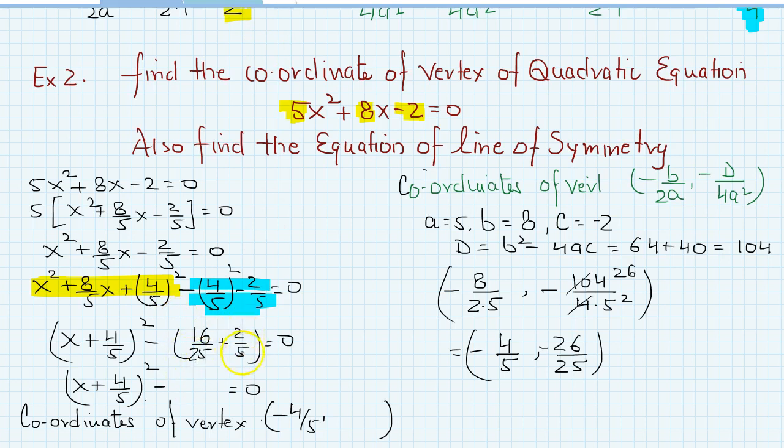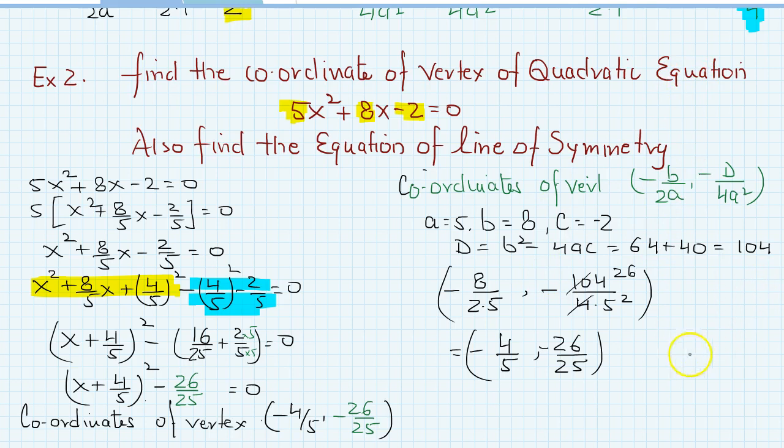So this is 5 times 5, 16 plus 10, 26 over 25. So this is minus 26 over 25. So you can see that this is an easy and a very accurate method to calculate the vertex of a quadratic graph.